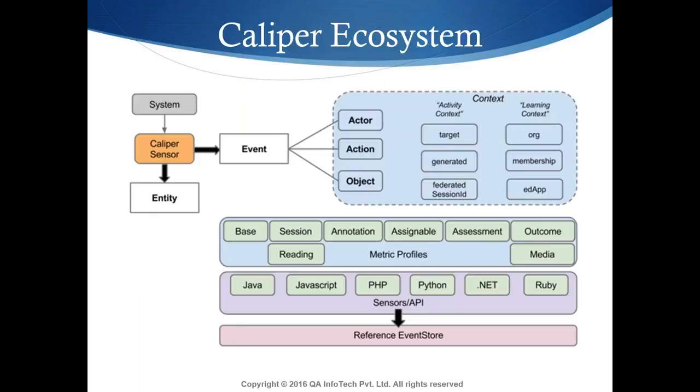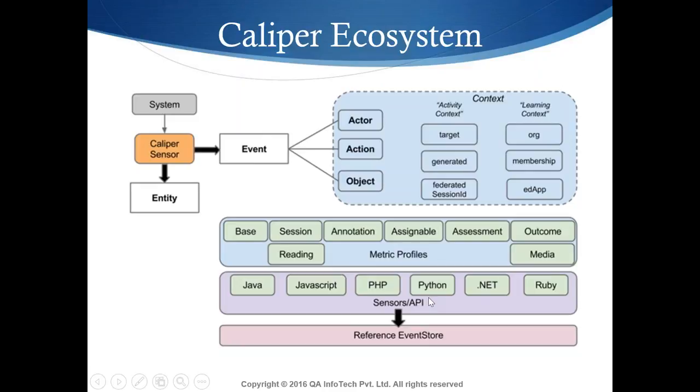So, very simply and quickly, what is a Caliper ecosystem? Here again, instead of statements, we have events which contain similar data like actor, action, object, and the context. All these events are going into an event store.